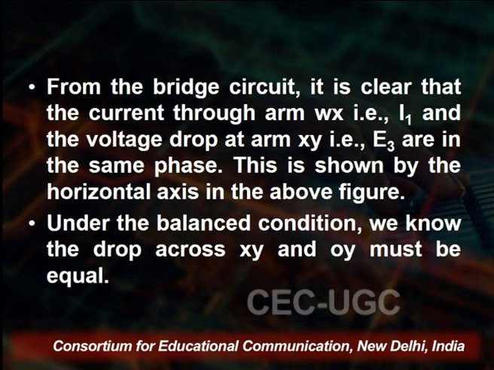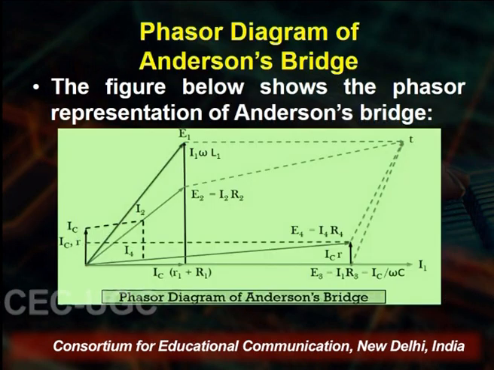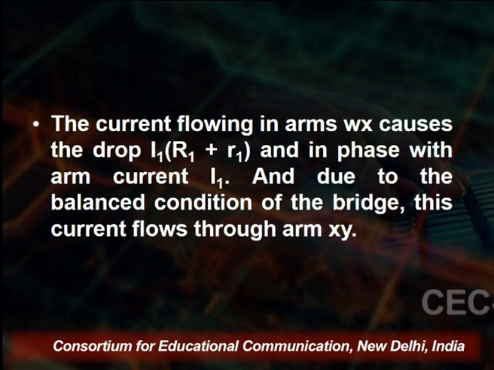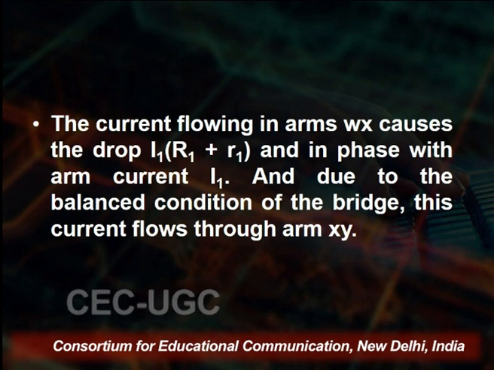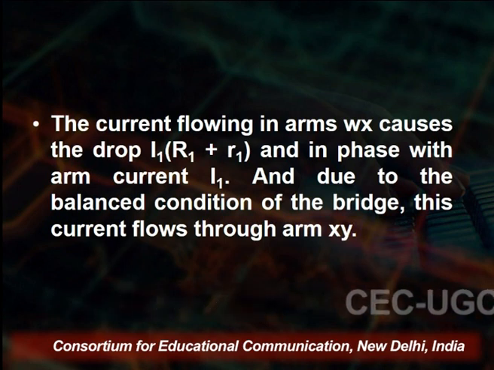At the 2 points, if we take the balance condition, then the drop across xy and oy must be equal. So, the current flowing in the arm Wx causes the drop that can be represented as I1 (R1 plus small r1), and it is in phase with the arm current I1.